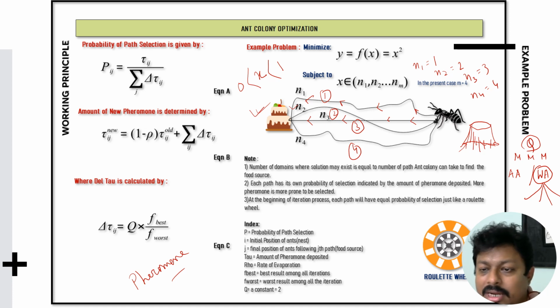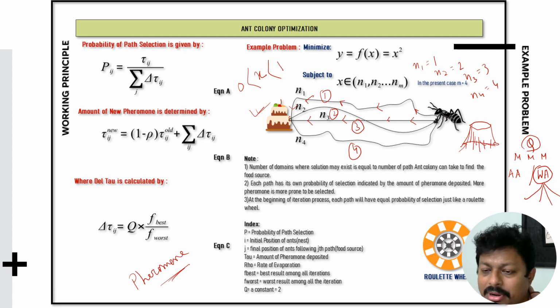So what happens? This ant suddenly finds this path also. When it is going, it was depositing pheromone, but when it gets the food and returns, it deposits a greater amount of pheromone. And as this path is very short, that is why the evaporation of pheromone, look, this pheromone is a chemical material, liquid.